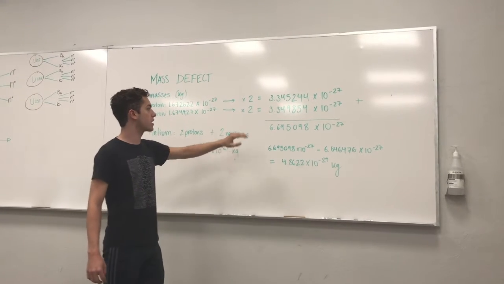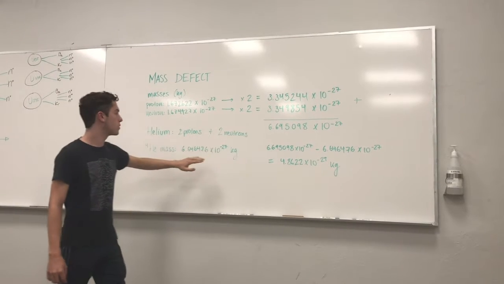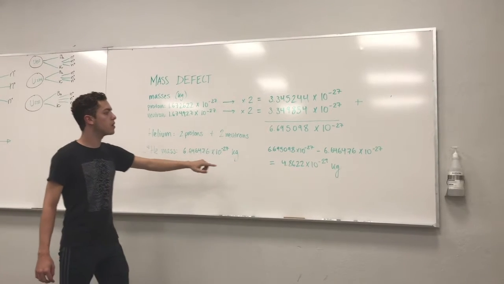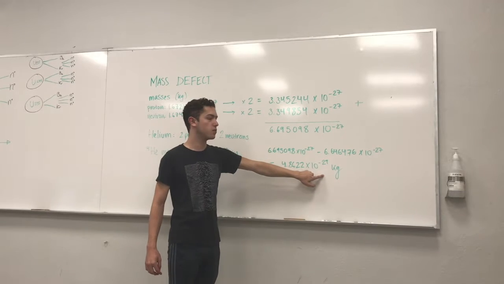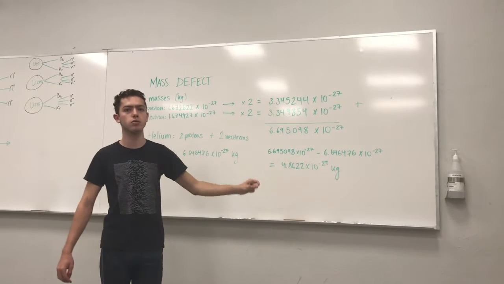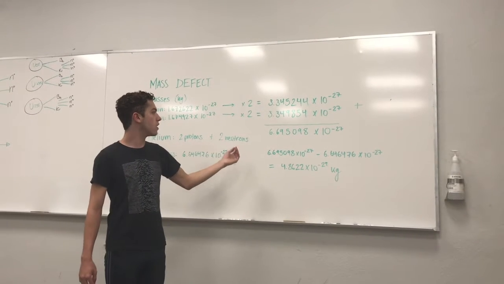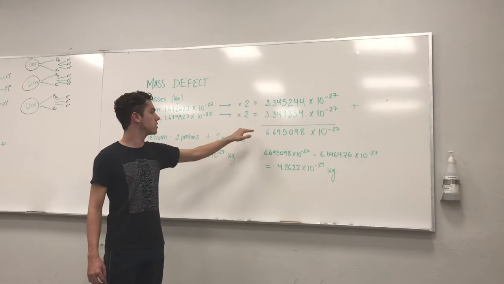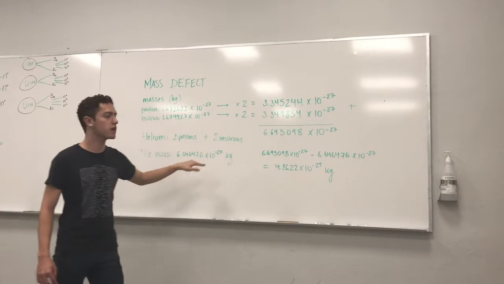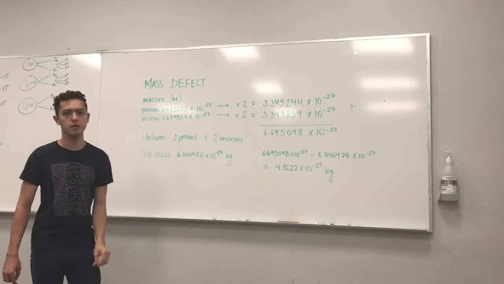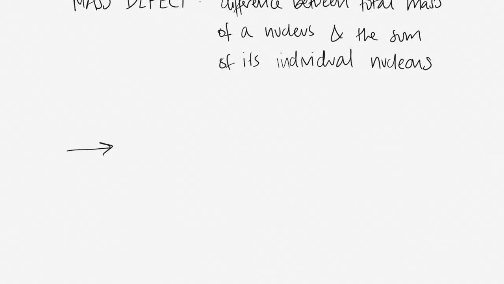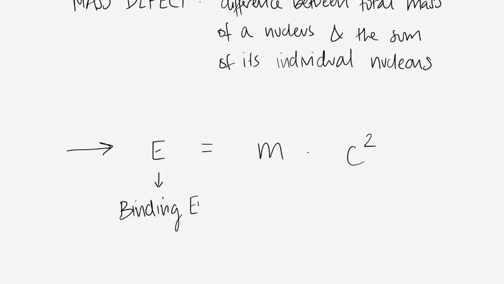So when we subtract the calculated mass from the actual mass of helium, we get this number here, which is very small but is equivalent to the difference between the sum of its nucleons and the actual value of its mass.